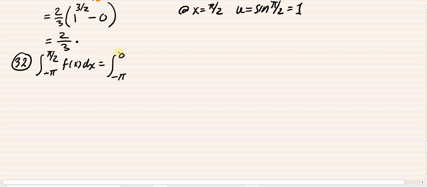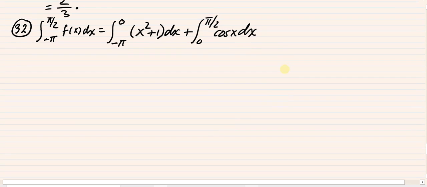So we're going to go negative pi to 0 because our piecewise function has two different pieces, right? The cutoff was at 0. So for negative x's, it follows that piece. For positive, which is 0 to pi over 2, for positive x values, it's going to follow the cosine function. That's it.